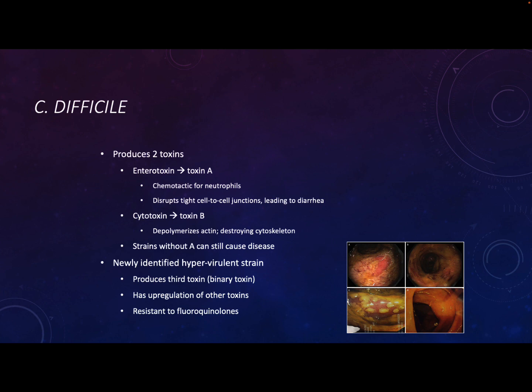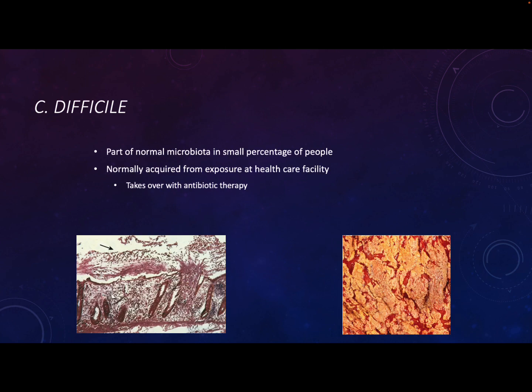So it has upregulated expression of the enterotoxin and the cytotoxin, and it makes a third toxin. And it's resistant to fluoroquinolones. So I guess if you had your choice of which strain of C. diff you would want, that should be last on your list. So it's drug resistant, it has upregulation of the two toxins, and it has the presence of a third.